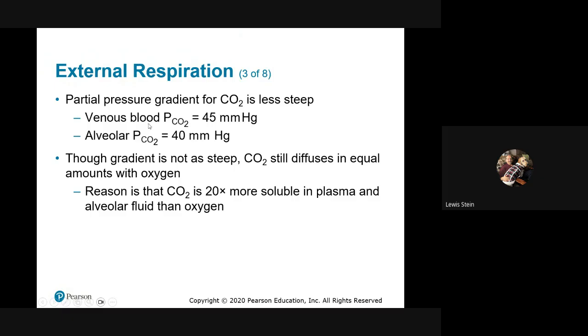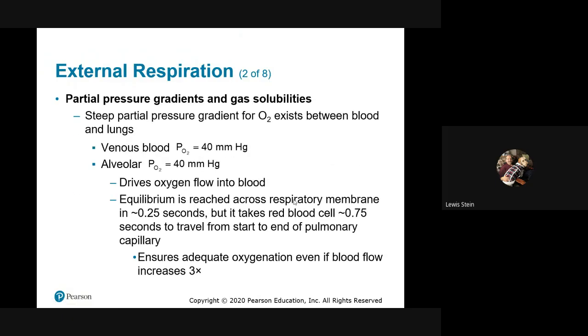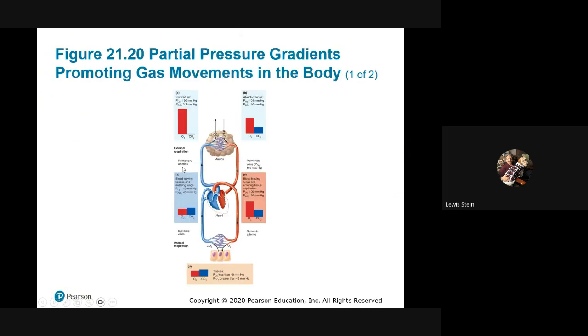And you'll notice the gradient is a little bit different for CO2. You're talking about 5 millimeters of mercury there. The reason is that carbon dioxide is 20 times more soluble. And I think this is a PowerPoint error. Venous blood PO2 is about 40, but the alveolar oxygen is much higher than that. It's not equal. You'll see the numbers.